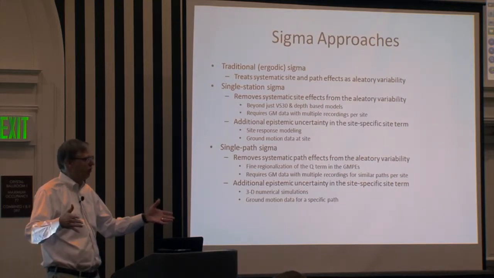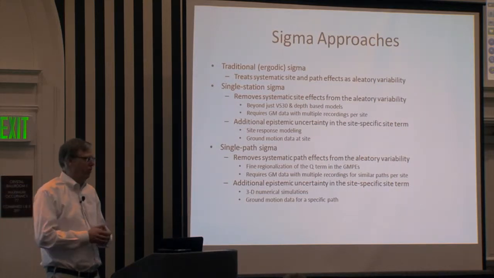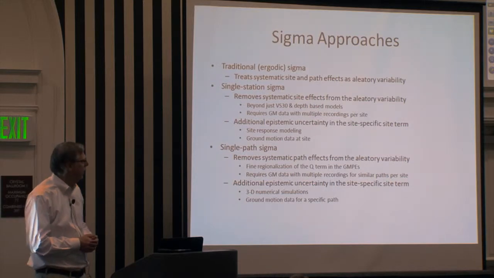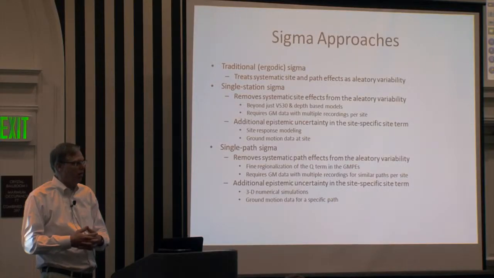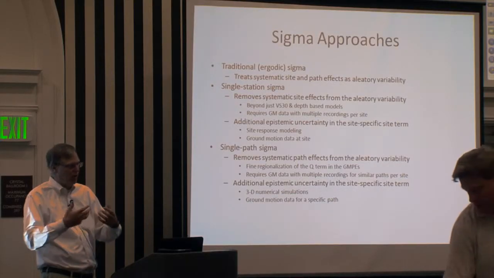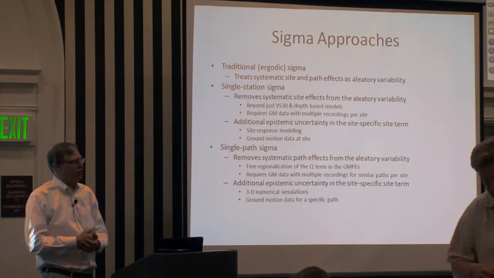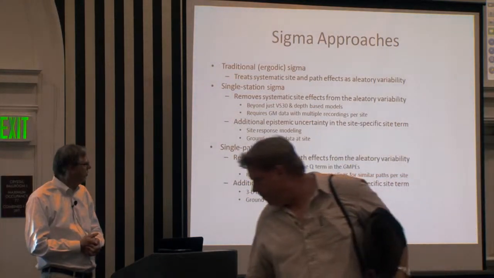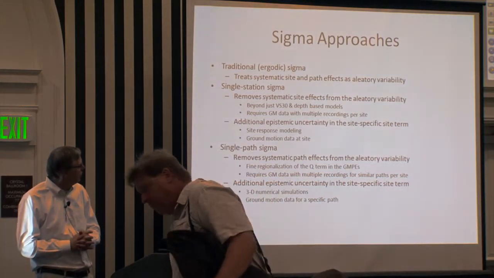If I have no recordings, I have even larger uncertainty, and that's often the case, that I might not have a specific recording. But I can also use geotechnical site response modeling to get at it. So if I have measurements of the shear wave velocity there, and instead of just using VS30, I now have the whole profile, I can start to model that effect. I can do that, but it still has to capture the uncertainty.